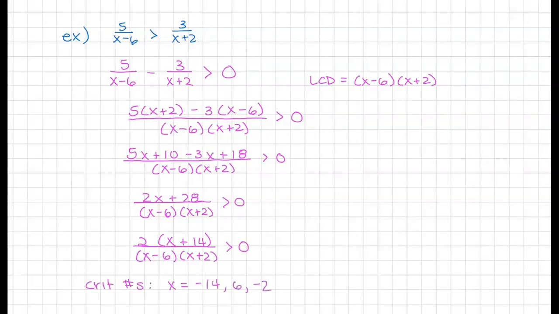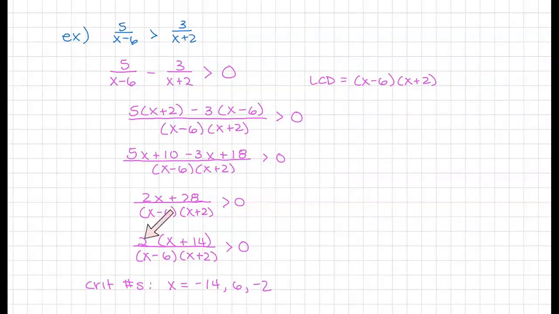So then I set up my sign chart. And I'm going to do it off on the side here. One thing I do want to point out, I have this constant of 2. That doesn't create a critical number. Remember, by definition, critical numbers are where it's going to equal 0 or be undefined. 2 is never equal to 0, and 2 is never undefined.